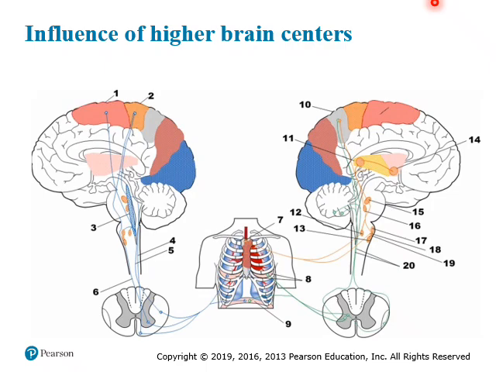Now let's take a look at, besides oxygen and carbon dioxide and the acidity or pH of the blood, other things that can influence our breathing, and that's the influence of the higher brain centers.